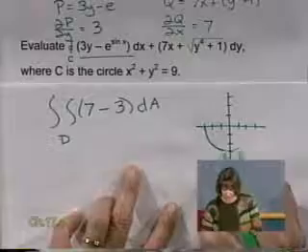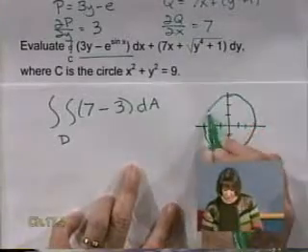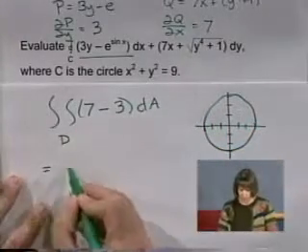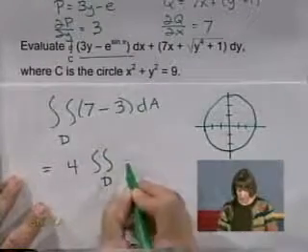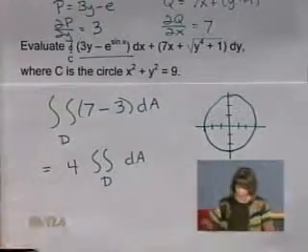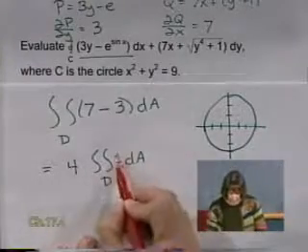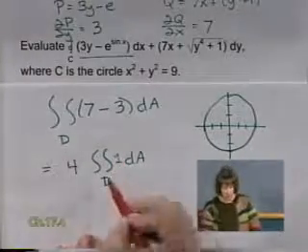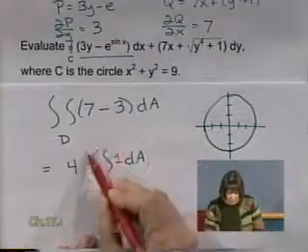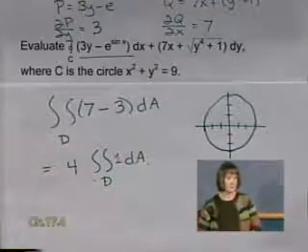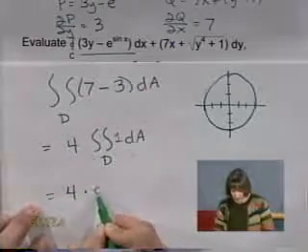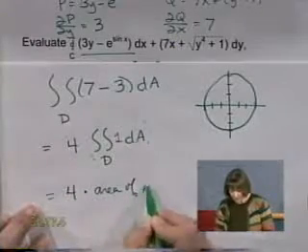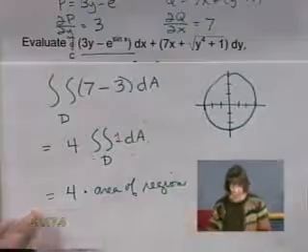Now, to me, a good mathematician is a lazy mathematician. This is equal to 4 times the double integral over D of dA. When your integrand is 1, what does this integral turn out to be? The area of the region. So this is equal to 4 times the area of the region.